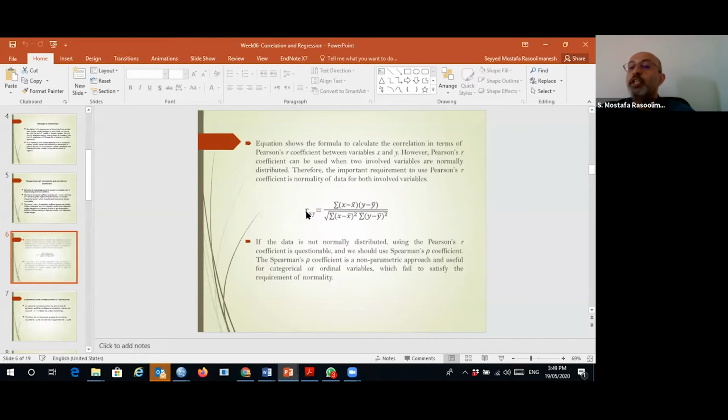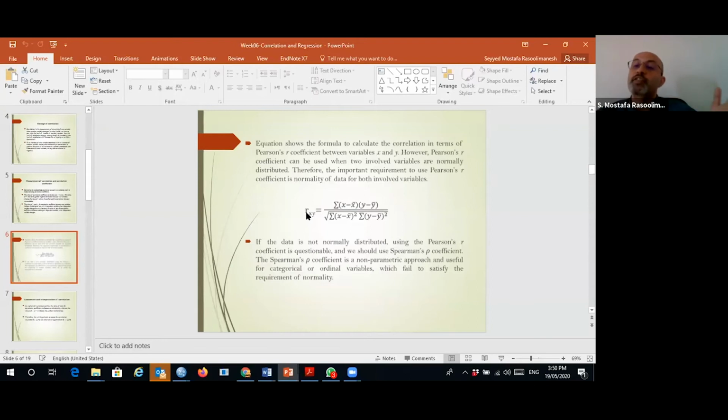Interpretation: -1 is highly correlated but negative, 1 is highly correlated and positive, and 0 is no correlation. Anything between these values: if correlation is close to 1, for example 0.7, it means correlation is high.